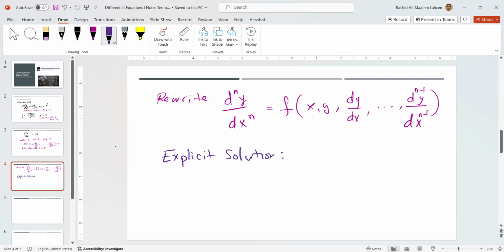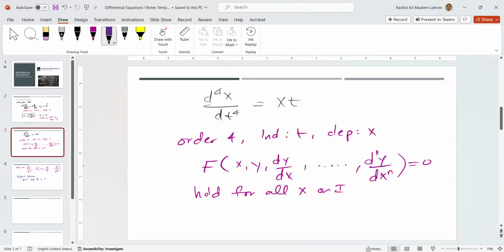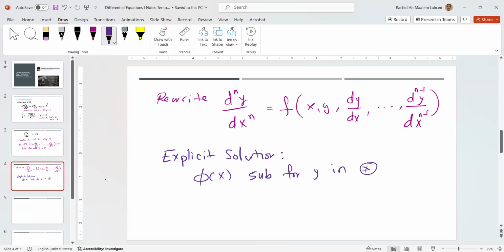If you have a function phi of x that, when substituted for y in this equation, let's call it star, or this one, which is equivalent, satisfies the equation for all x in interval I, it is called an explicit solution.